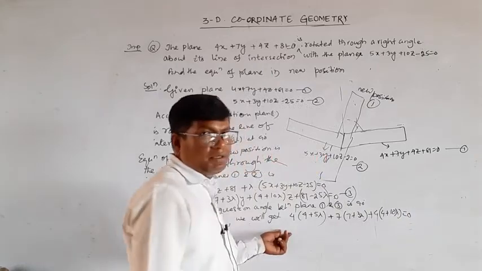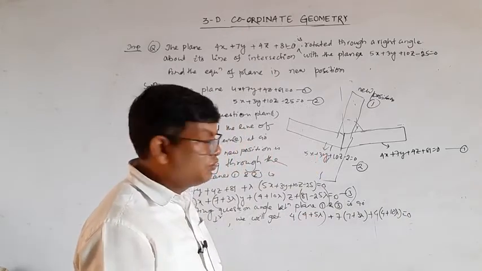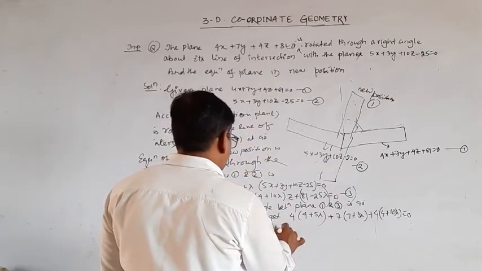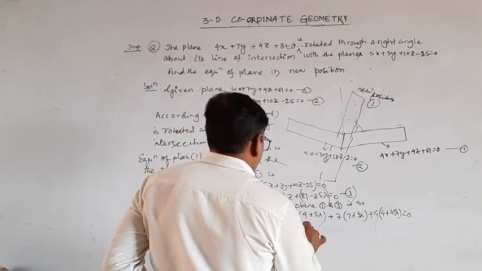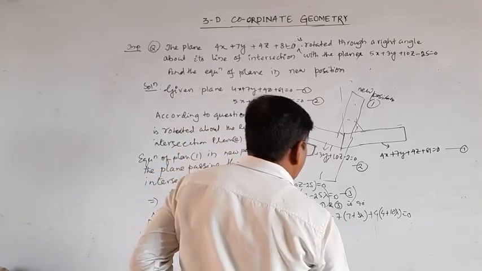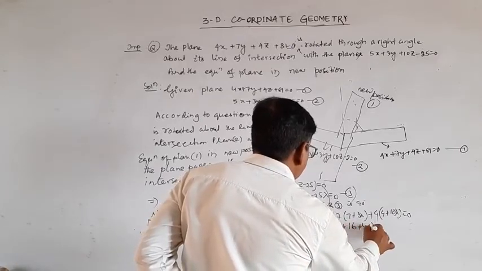This is the condition for perpendicular: a1 a2 plus b1 b2 plus c1 c2 is equal to 0. So this is 16 plus 20 lambda, 49 plus 21 lambda, and 16 plus 40 lambda is equal to 0.